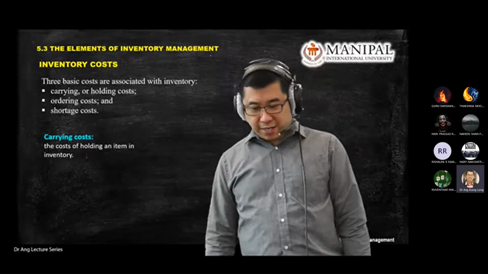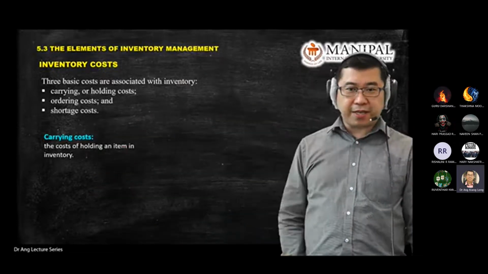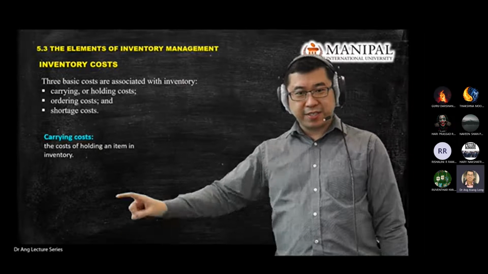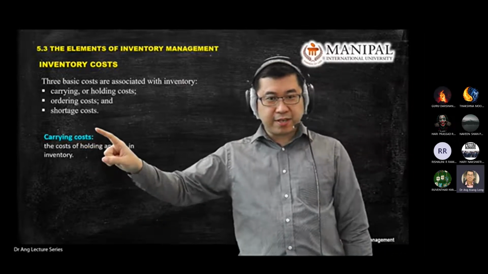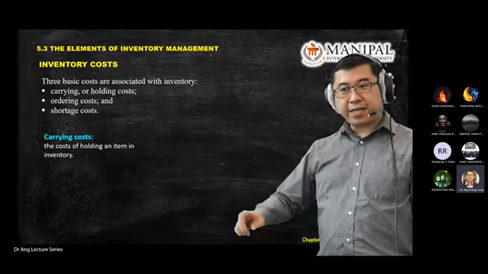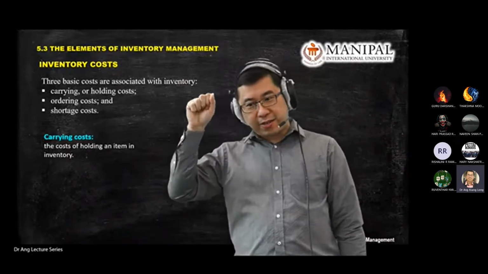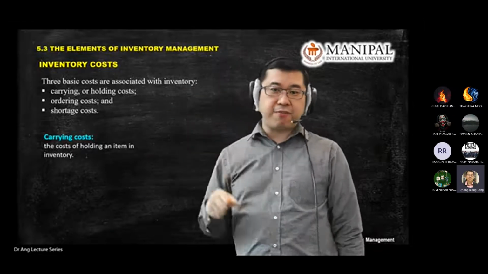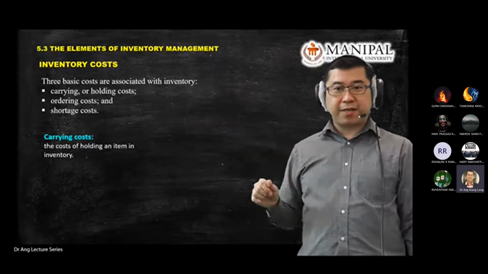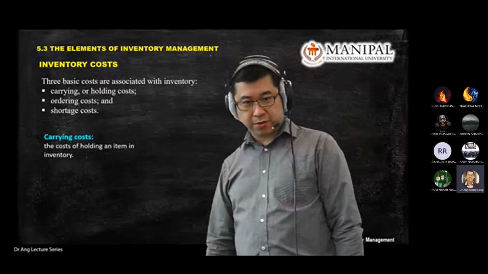Meaning you put 100 packs of burger meat in the fridge. That falls under holding costs or carrying costs. Let's say the next day you want to sell burgers, but now you put 100 packs of burger meat in your fridge. That one falls under carrying costs. Okay.